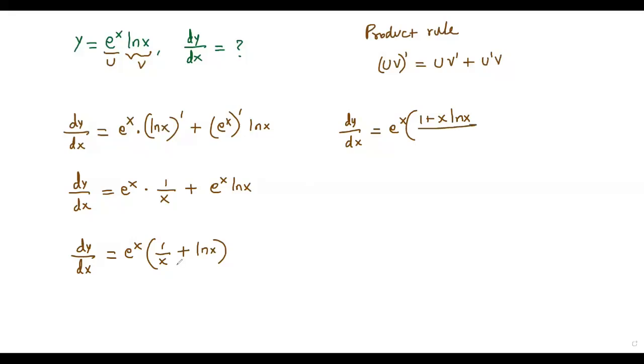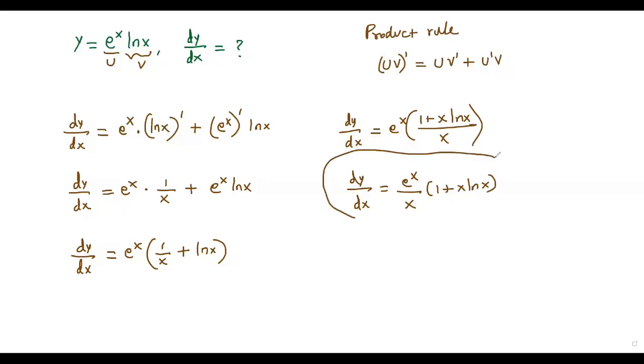Once I'm done with this multiplication, I can take x as a common denominator. So dy over dx equals e to the x power over x, times 1 plus x times ln x. This is the derivative of the given function with respect to x.